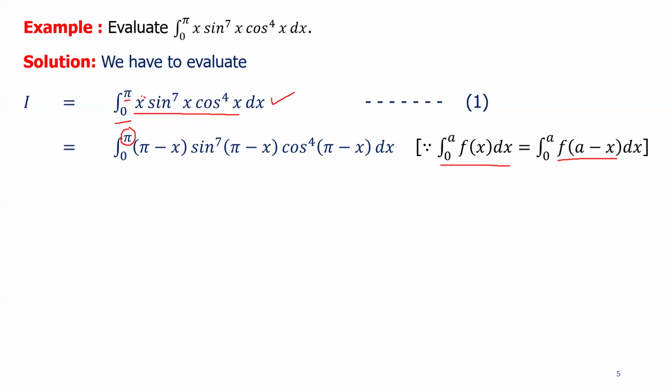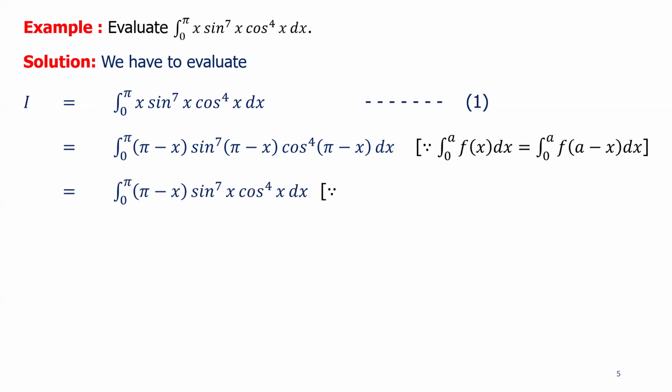Therefore, this x can be replaced by pi minus x, and this can also be replaced by pi minus x, and this can also be replaced by pi minus x, which gives us the integration under the limit 0 to pi of (pi minus x) sin^7(pi minus x) cos^4(pi minus x) with respect to x.